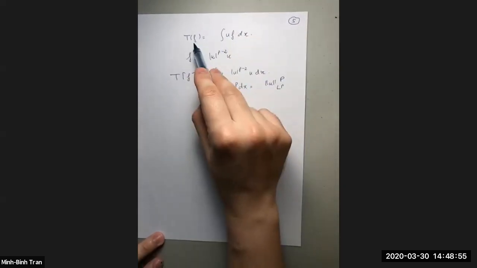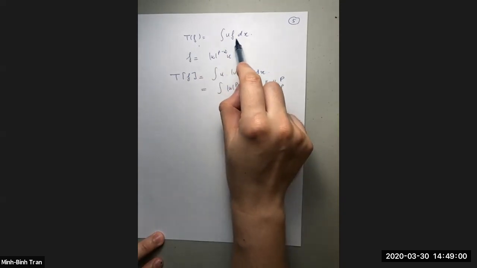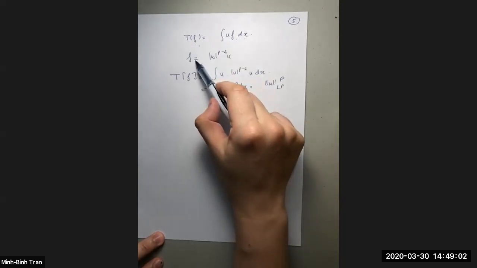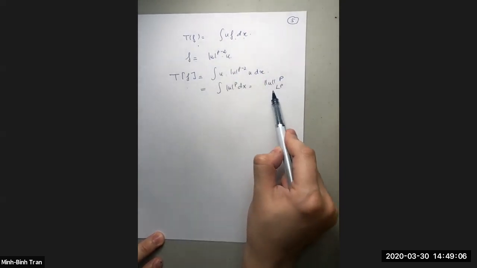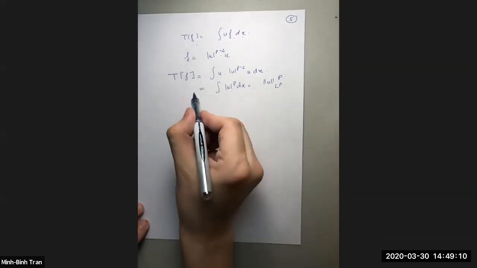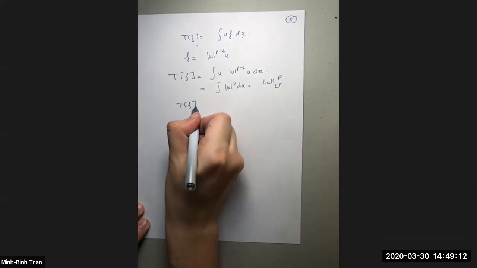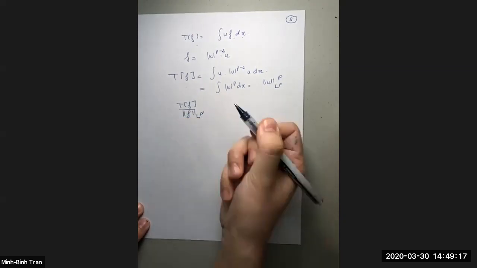Now, so you have T of f will be the integral of u f dx, right? I replace f with u to the p minus 2 times u, and so T of f will be the norm in L^p of u to the p, right? So now let us consider T of f over the norm of f in L^p prime, right?